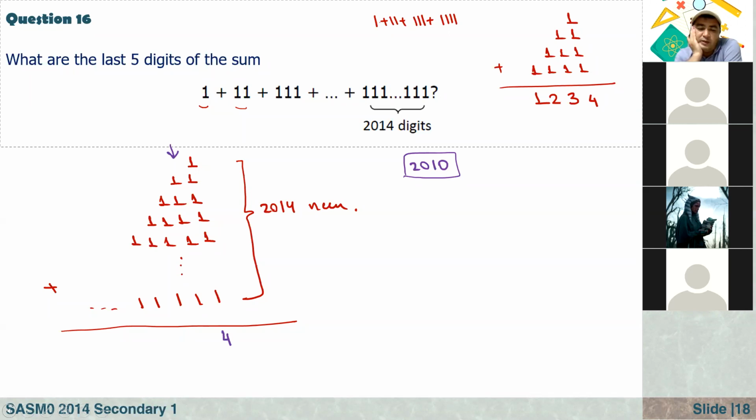Celine, can you see that? How many ones do we have in the second column? 2013.